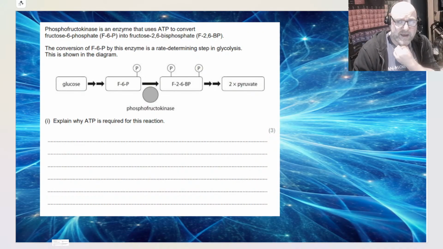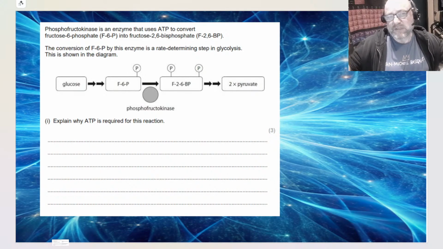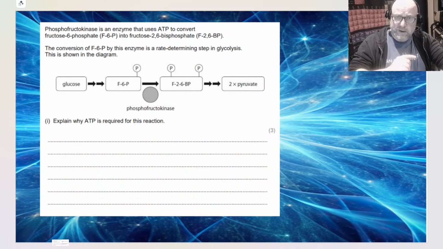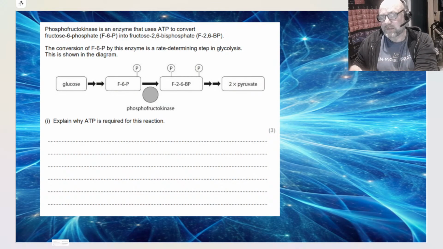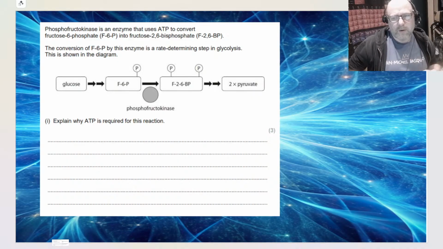The conversion of F6P by this enzyme is a rate determining step in glycolysis. This is shown in the diagram. All of that is just to smash your brain, because that's what they want to do with biology, put you in an unfamiliar situation where you've got to use the knowledge that you've memorized. So you've just got to do the problem solving and spot what this is saying.